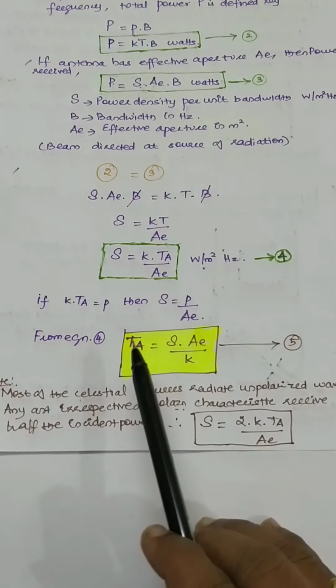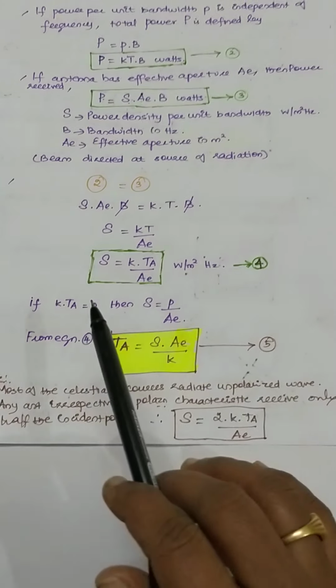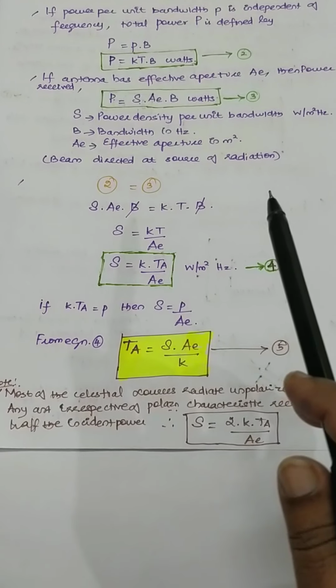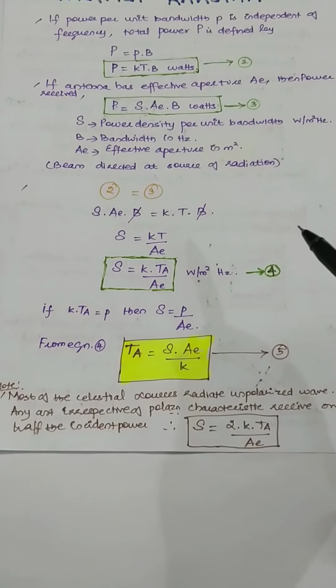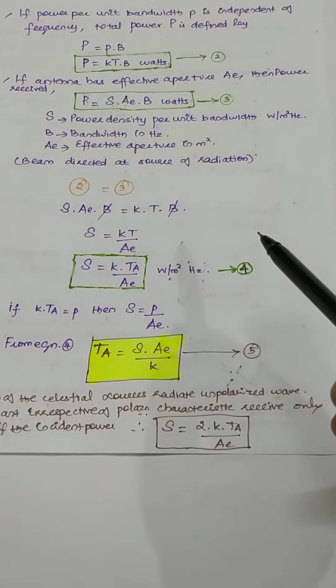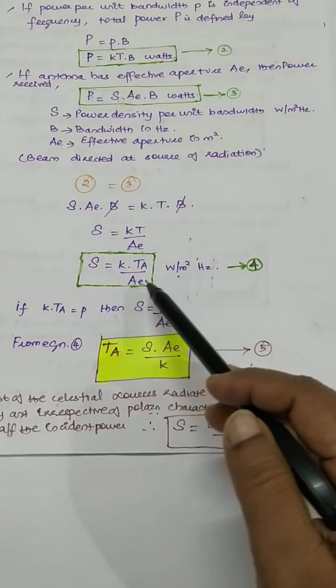Here one important note. As we know, most celestial sources radiate only unpolarized waves. So any antenna, irrespective of its polarization characteristic, receives only half of the incident power. In that case, S is twice the existing value.